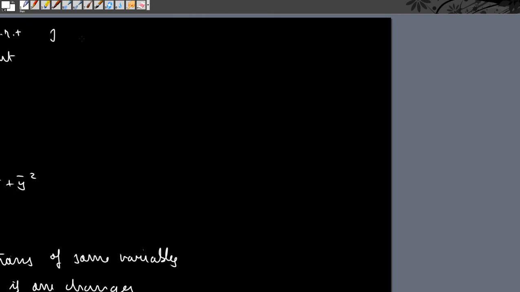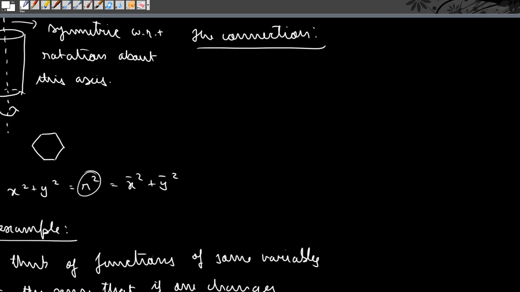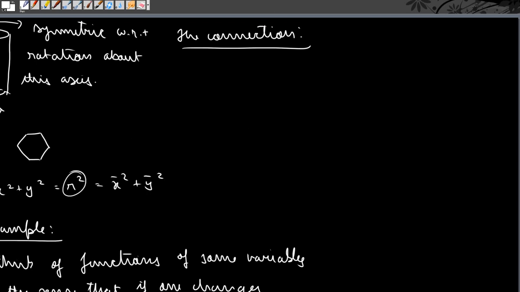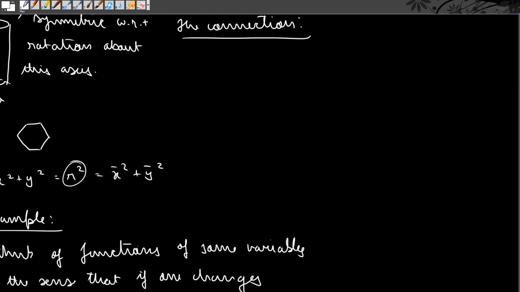So what is the connection here? What is the connection that we have been seeking? We want to connect this symmetry to a quantity that is conserved. Okay, and that is what we are going to do in this final part of the video.